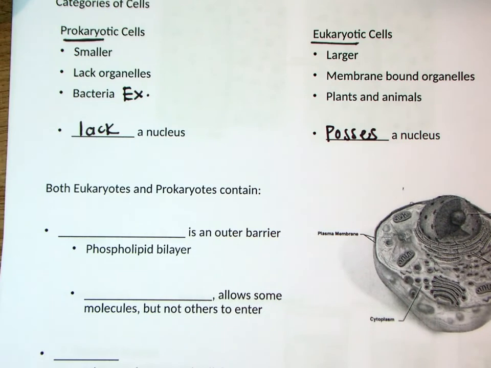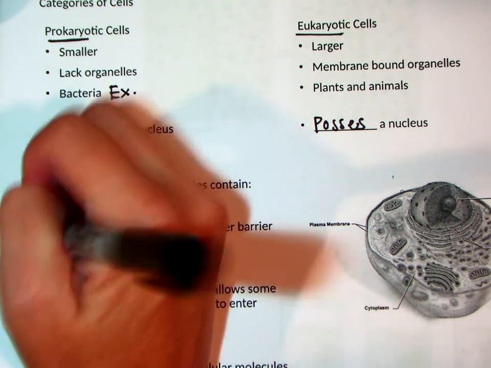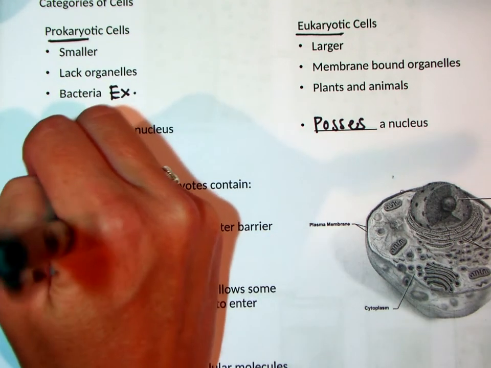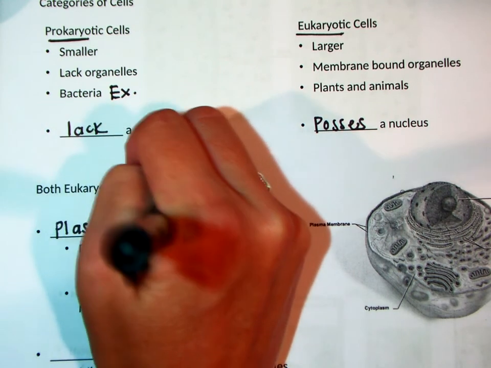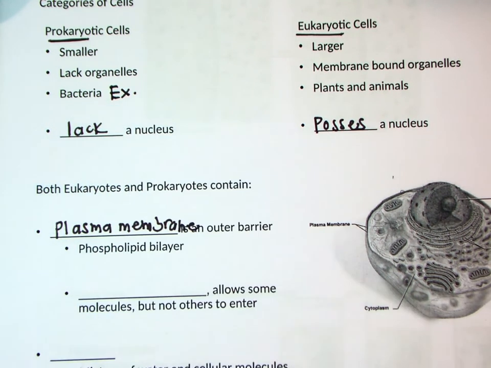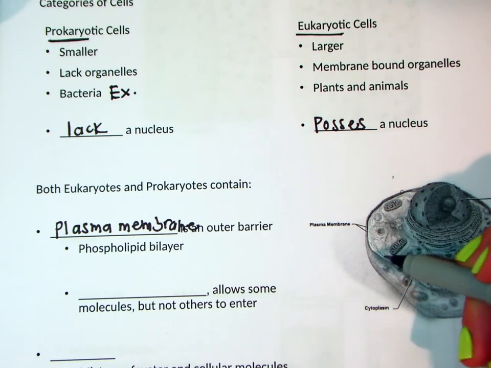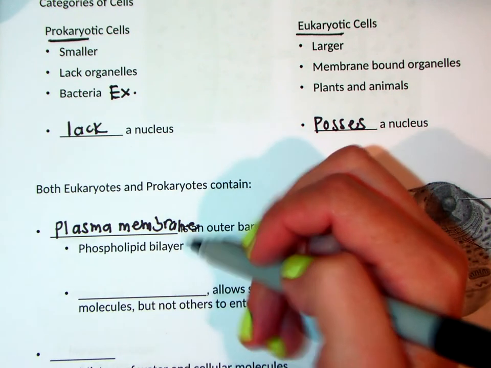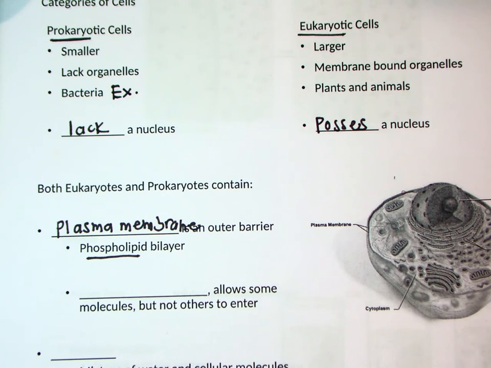So something that both eukaryotes and prokaryotes contain is a plasma membrane, or it's sometimes called a cell membrane. And it's like the outer barrier of the cell, and it's a phospholipid bilayer. So if you remember in macromolecules, we talked about phospholipids, which are in the fats or lipids category of the 4 macromolecules.